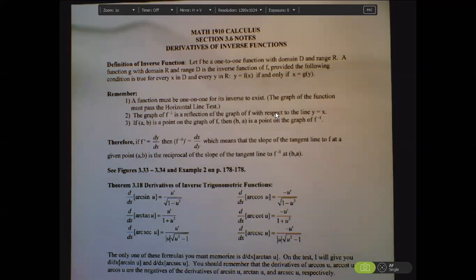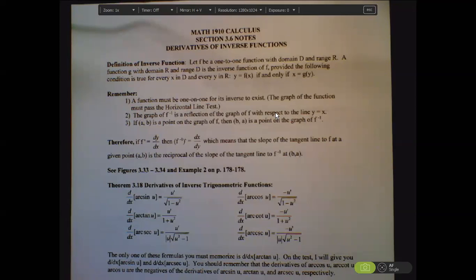Which one of those 6 trig function formulas do you have to have memorized? Arctangent. Yes, and it's the easiest one. If I give you arcsine and arcsecant, then you should just remember that the derivative of arccosine is the same as the derivative of arcsine with a negative coefficient, and the same thing for cotangent compared to tangent and cosecant compared to secant.